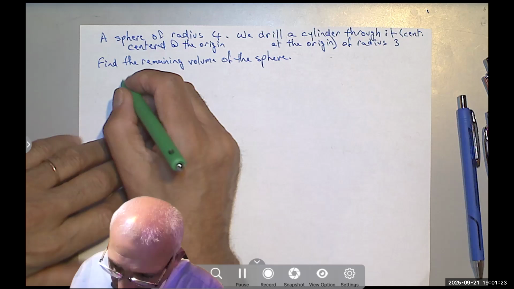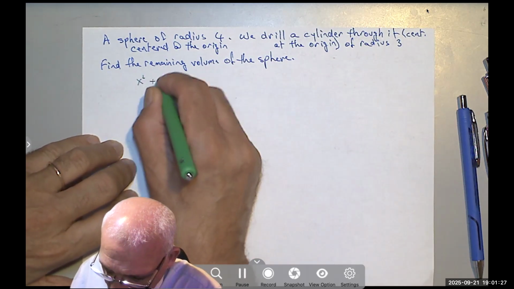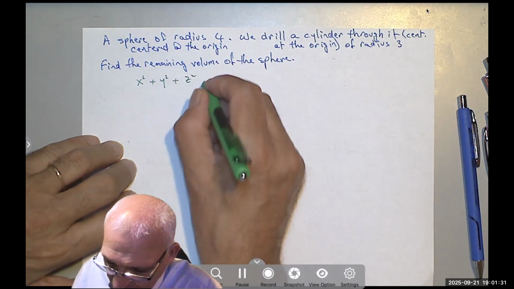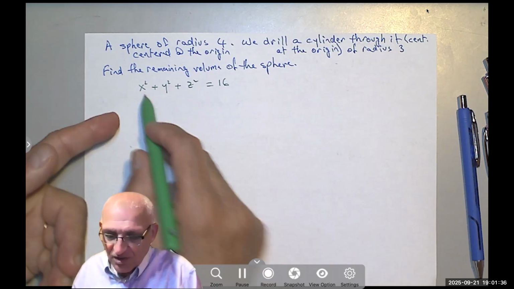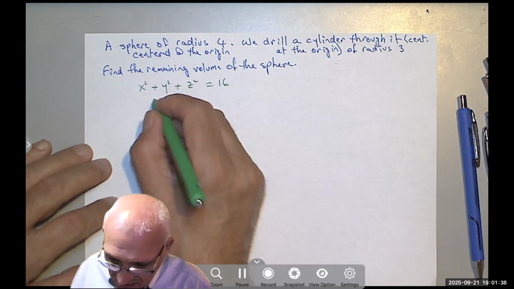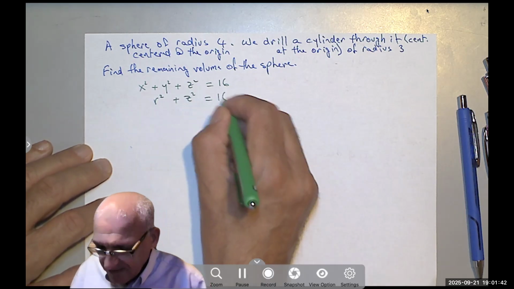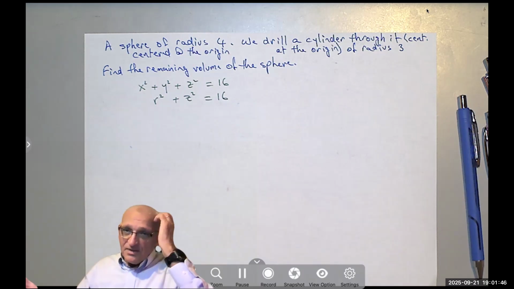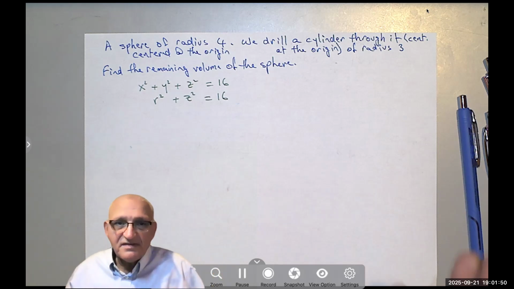We know that the equation of a sphere is x squared plus y squared plus z squared equals r squared. I know that x squared plus y squared is r squared. So this is r squared plus z squared equals 16. But I cannot use the z in the double integral. I mean, I only have r and theta.